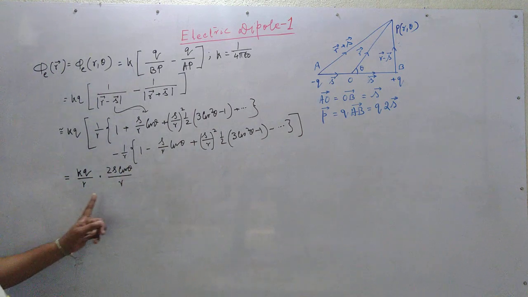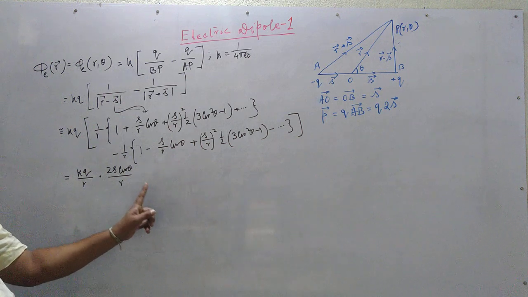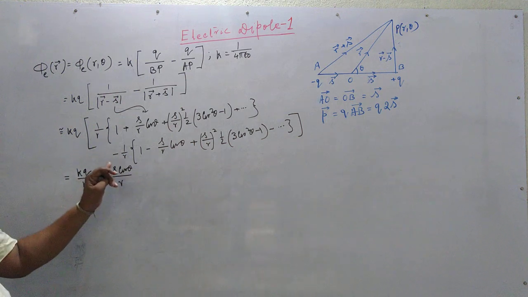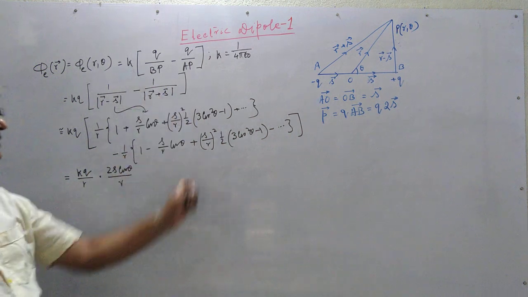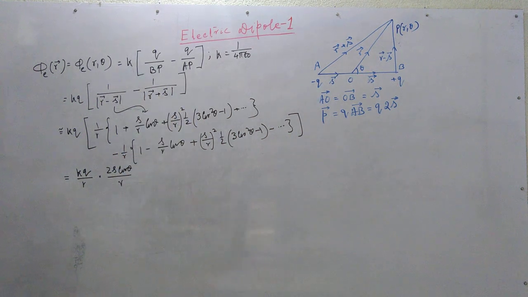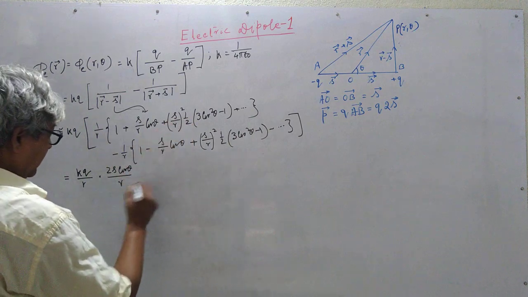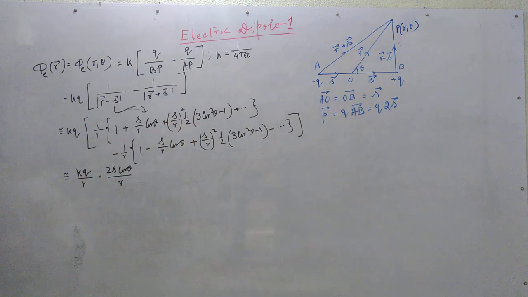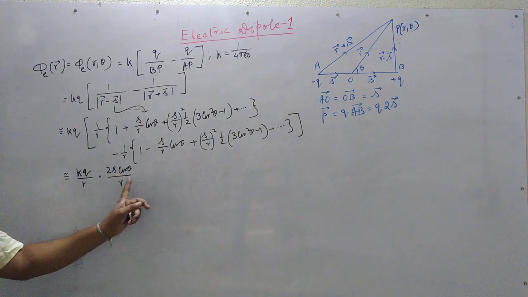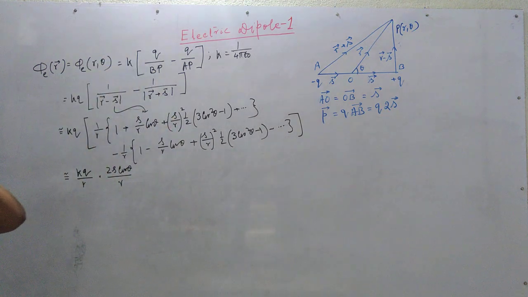Again, the next term that will contribute is s by r to the power cube, which is very small since s by r is very small. So we have neglected that term, and again there is an approximation sign. So there is an approximation in coming from here to there, and there is another approximation here because we have neglected s by r to the power cube and other terms.